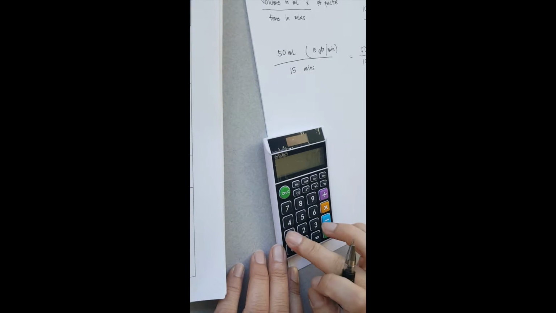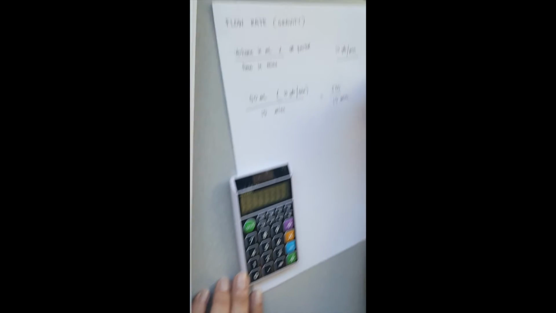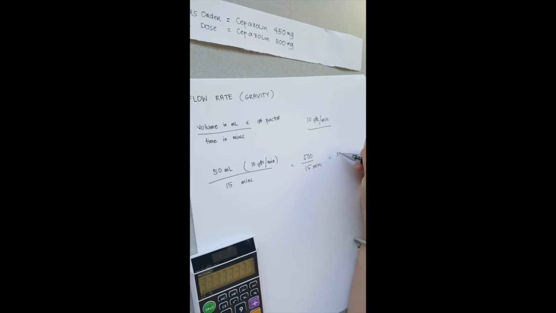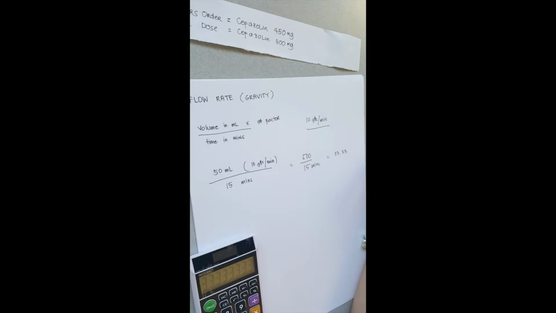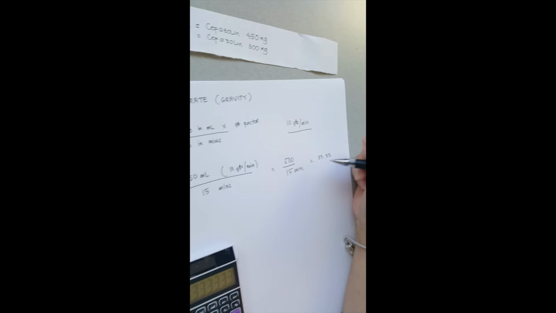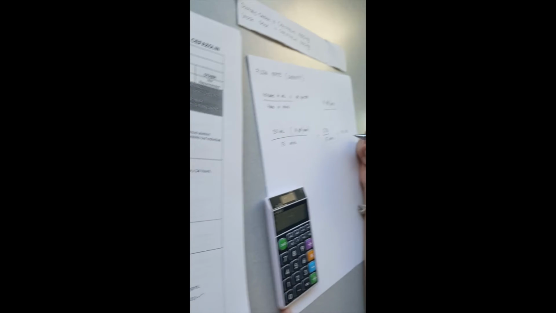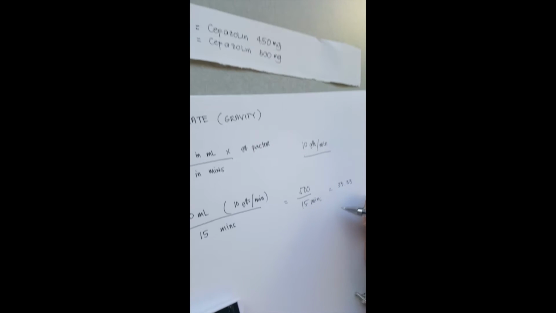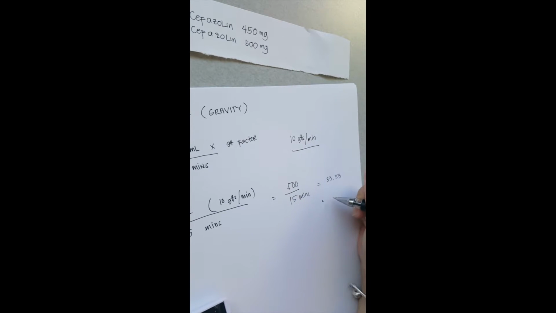That gives us 33.33. We're going to round it off to a whole number to make it easier to count. So it's going to be 33 drops per minute. That is for 15 minutes, right? That is for 15 minutes.